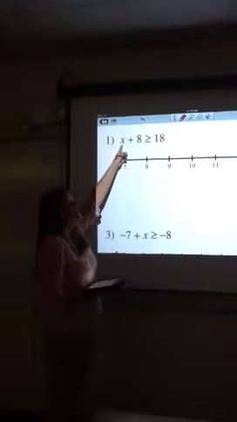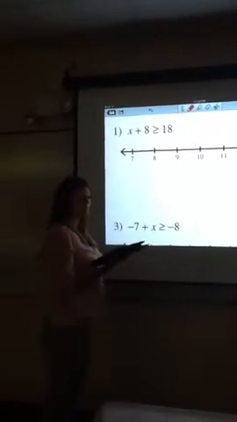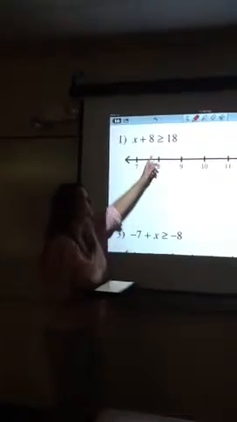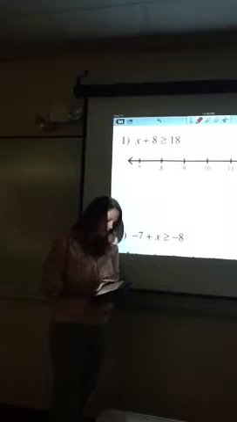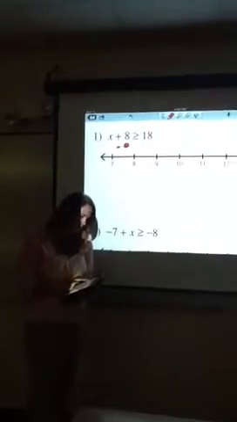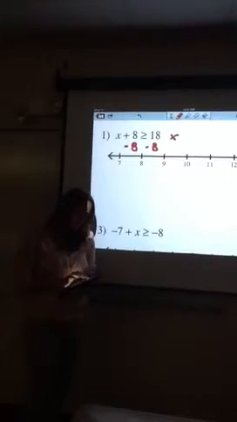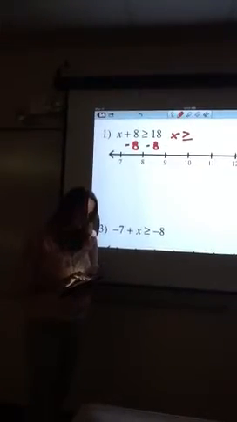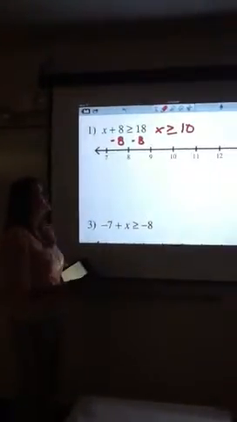Well, I know I want to isolate x, so I would subtract 8 from both sides. I'm going to do the same thing here. I'm going to treat this inequality sign just like an equal sign and subtract 8 from both sides. And I'm left with x is greater than or equal to 10.